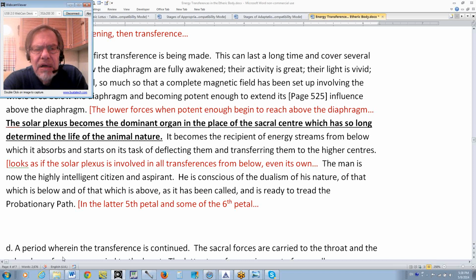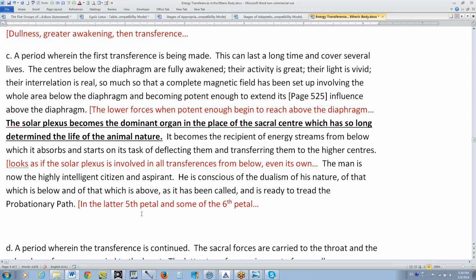Toward the end, when working within petal number 5, we have people ready to step onto the path of aspiration, where they're willing to sacrifice their personality nature, so fully developed in petal number 5, willing to sacrifice that for some higher power, some higher objective.